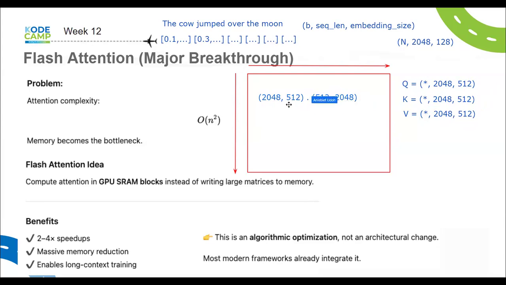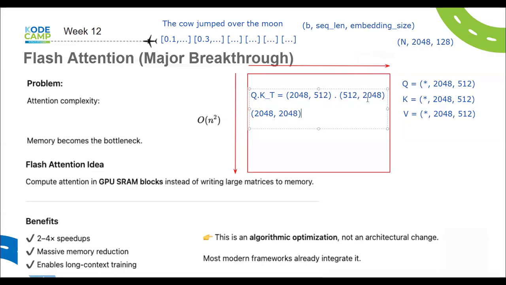When we do the matrix multiplication, the middle dimension adds up and disappears. This Q dot K transpose is what's happening inside the attention block. So you end up with a new matrix, which is going to be 2048 by 2048.